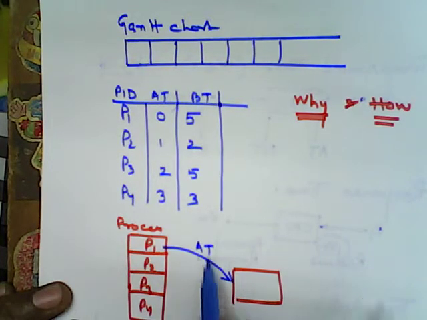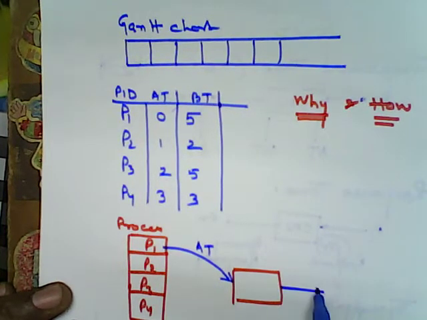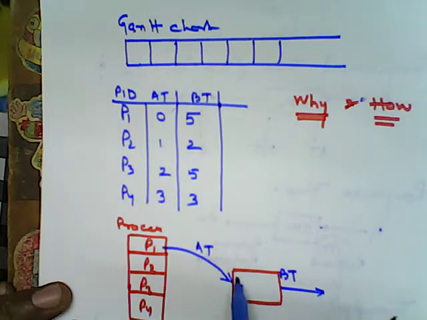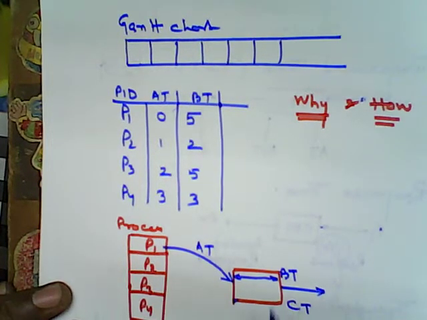So your BT is here. BT is nothing but the computing time of the CPU, and once it comes out from the BT, it becomes CT. I can put it like this easily. This is BT, and once it comes out, it is a CT.